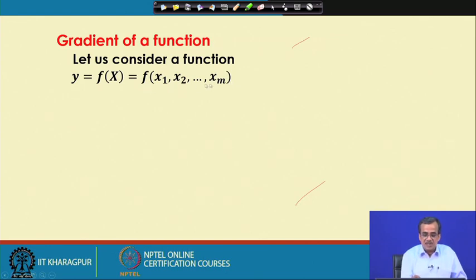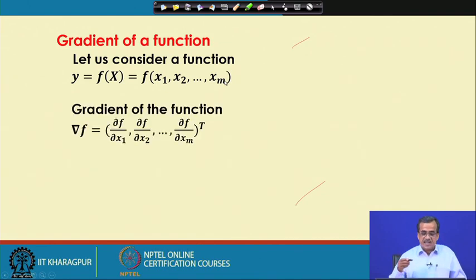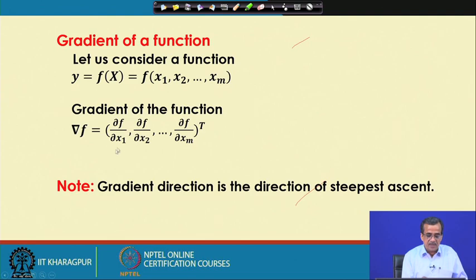So, this is a function of m variables. Now, its gradient is defined as delta f, which is nothing but the partial derivative of f with respect to x 1, partial derivative of f with respect to x 2, comma, and the last term the partial derivative of f with respect to x m, transpose.